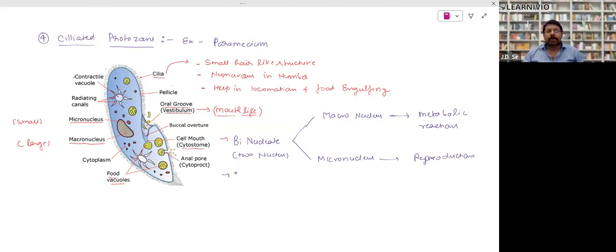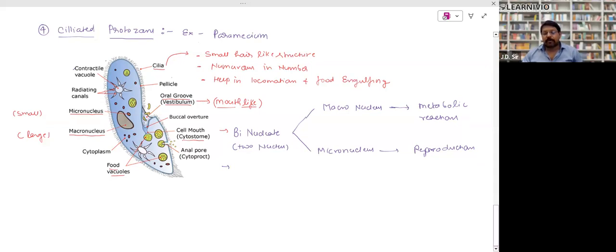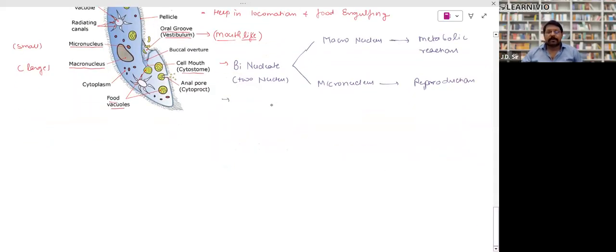This paramecium is also called sleeper animalcule. You can see that this looks like a slipper, right? So that's why this is called slipper animalcule. That is another name of this one, right? So what is the general characteristic of this ciliated one?